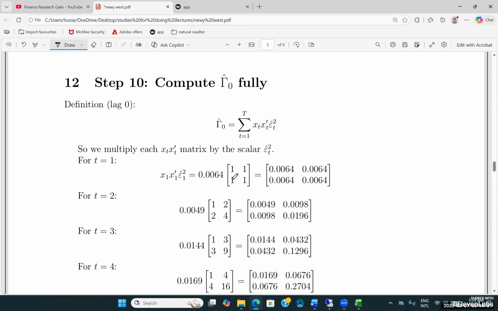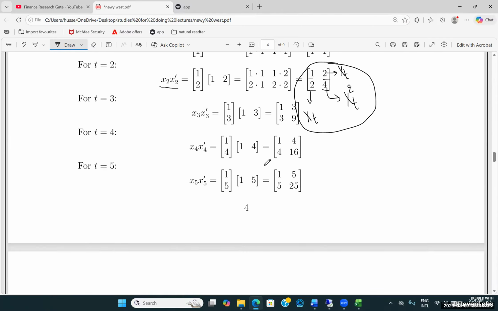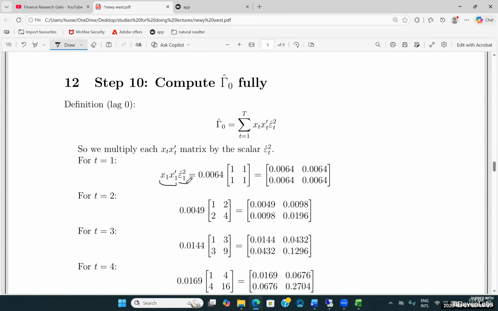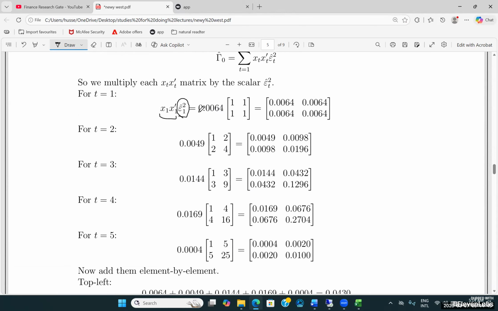If we apply this equation, we've already determined these particular values that correspond to each individual x value. Then we simply multiply that result by the error squared, taking into account each successive time period, 1, 2, 3, 4, and so on. To perform this operation, we take the error term, square its value, and then multiply that resulting figure by the given matrix.